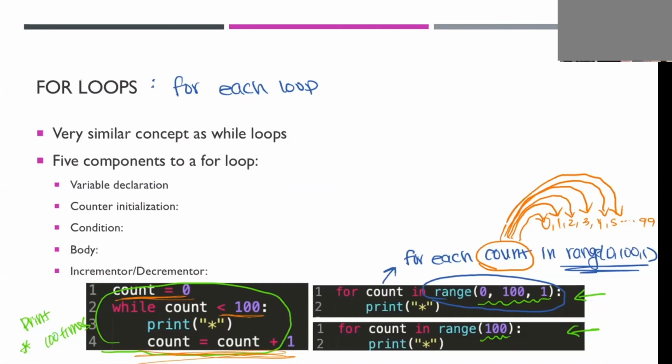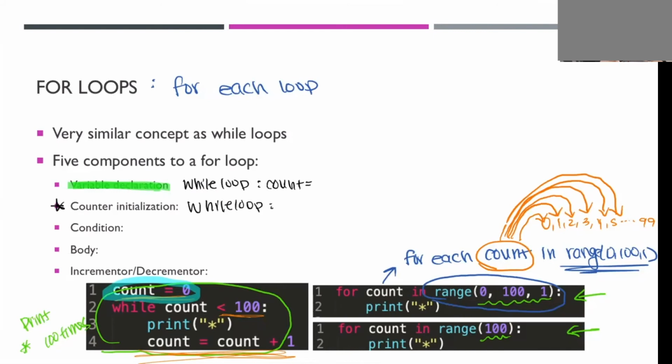So let's talk about the variable declaration. If you remember the variable declaration in the while loop, it was this right here. In the while loop, it was count is equal to 0. It was creating the count, and that's also kind of like a counter initialization.